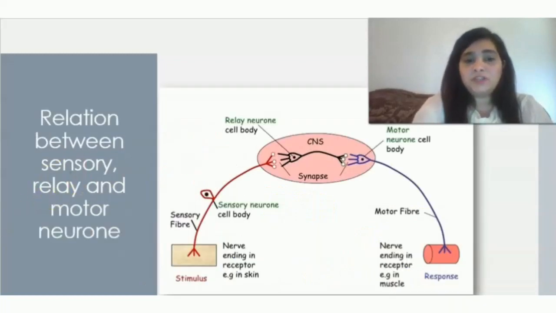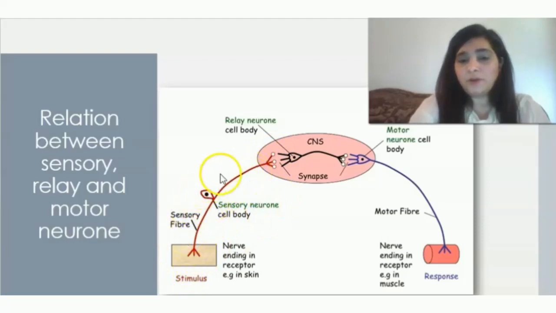So here is a diagram that shows the relation between sensory, relay and motor neuron. Here is a stimulus, nerve endings in the receptor, for example in the skin. So sensory fibers, sensory neuron, this is the sensory neuron and this is the cell body of the sensory neuron. So the stimulus moves in the form of electrical impulses and enters into the central nervous system.